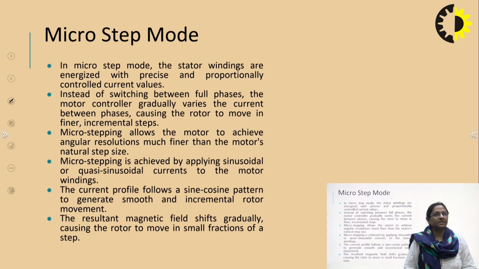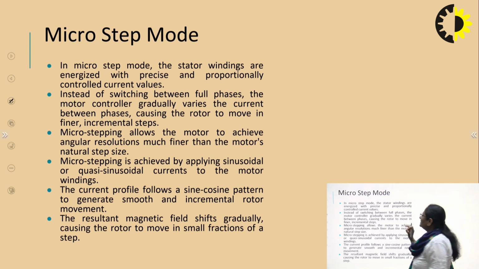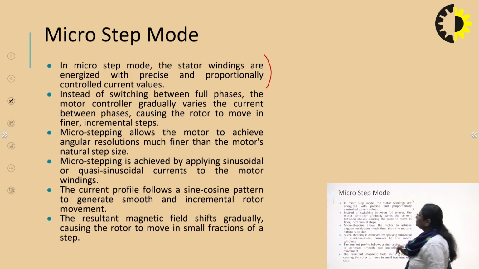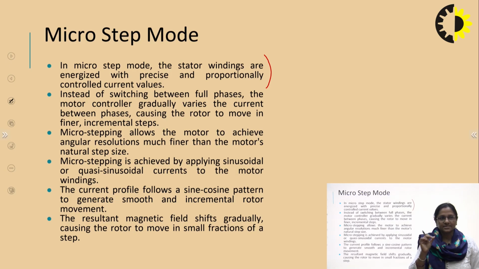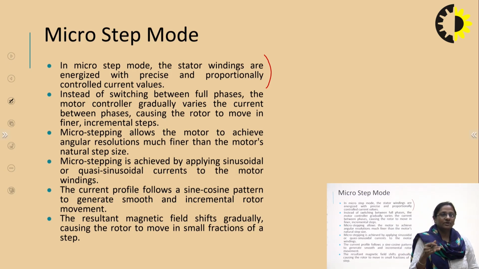The next excitation sequence is microstep mode, and as the microstep term itself is suggesting, definitely we are going to obtain the step size of rotor movement which is quite low as compared to the normal operation that we discussed till now.